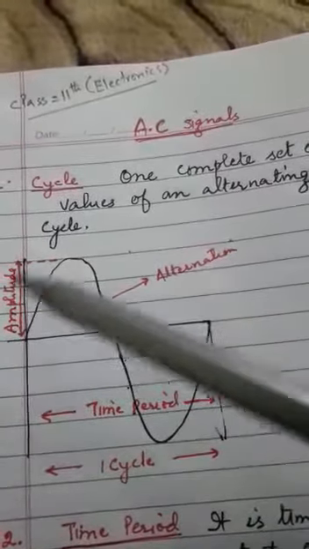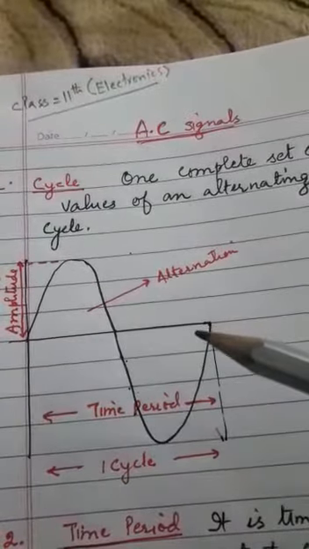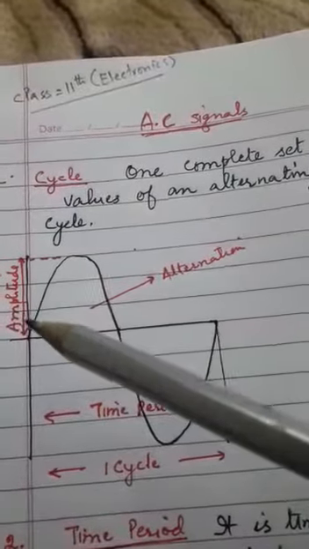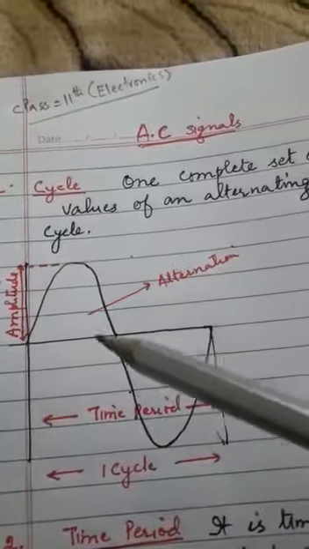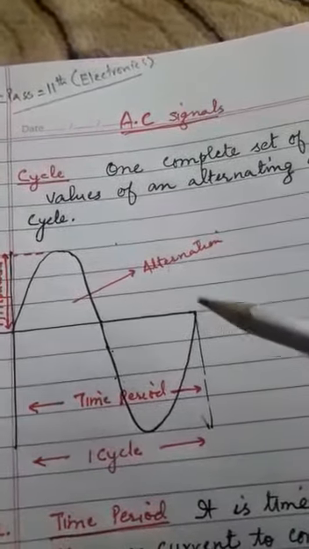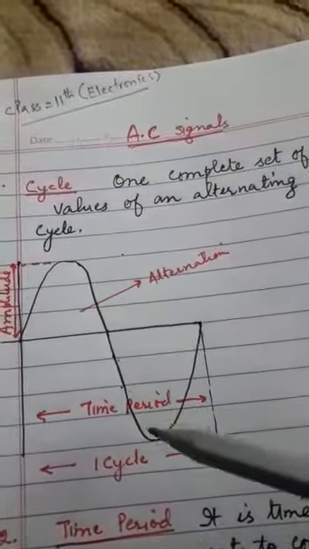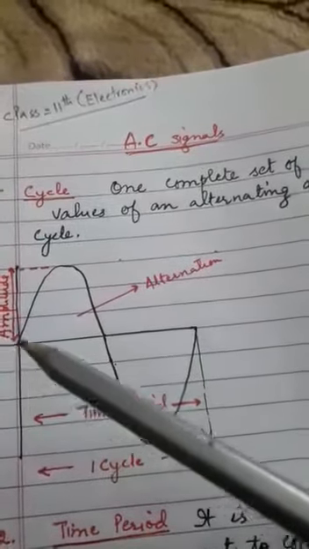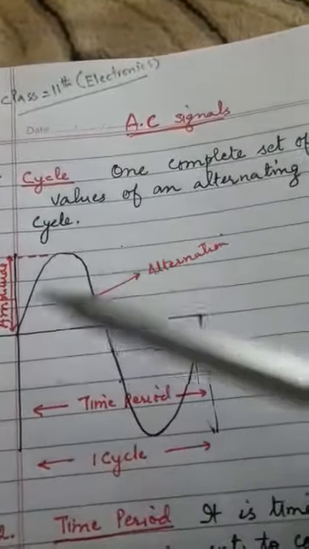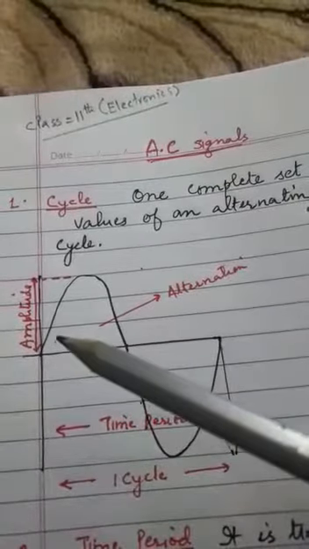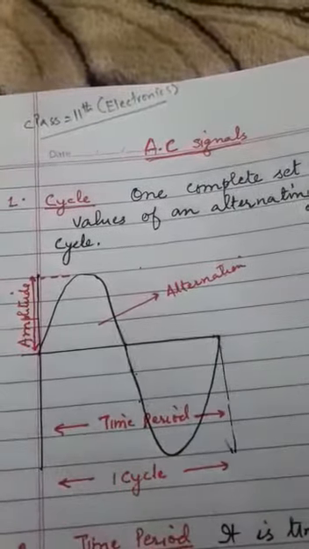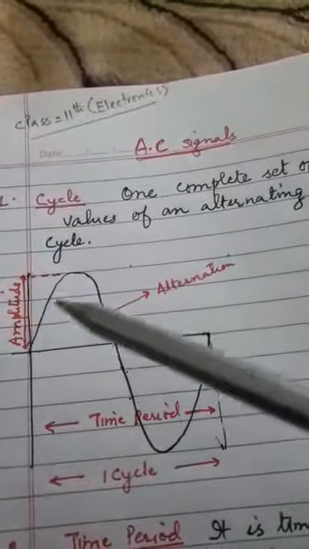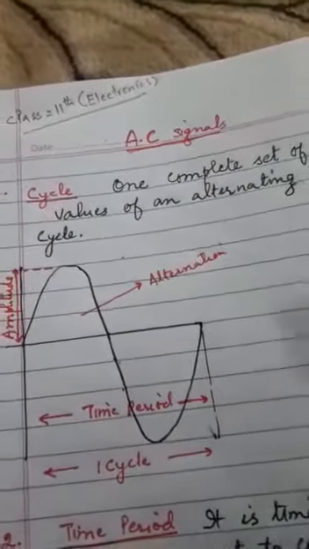We can call it a cycle or a pulse. The alternating current always moves in this way. It doesn't move in a straight manner. The DC current moves in a straight manner, but the alternating current moves in this pulse manner.